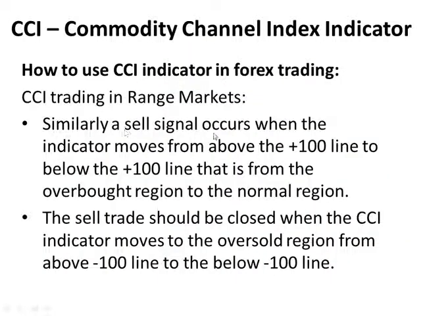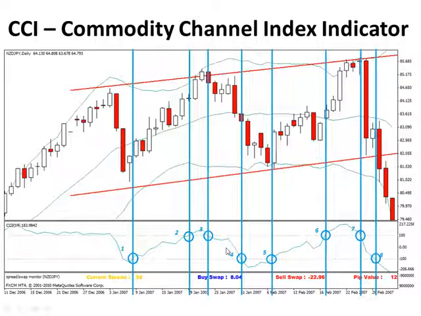Similarly, a sell signal occurs when the indicator moves from above the +100 line to below the +100 line, that is, from the overbought region to the normal region. The sell trade should be closed when the CCI indicator moves to the oversold region from above the -100 line to below the -100 line. So if you see in this picture, the CCI indicator is moving from above the +100 line to below the +100 line.